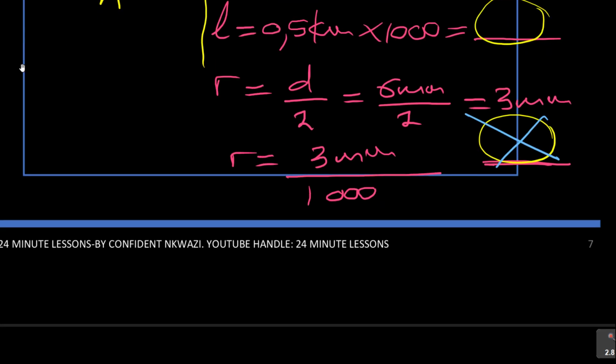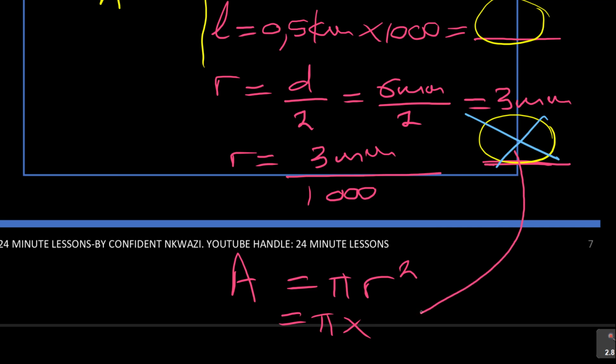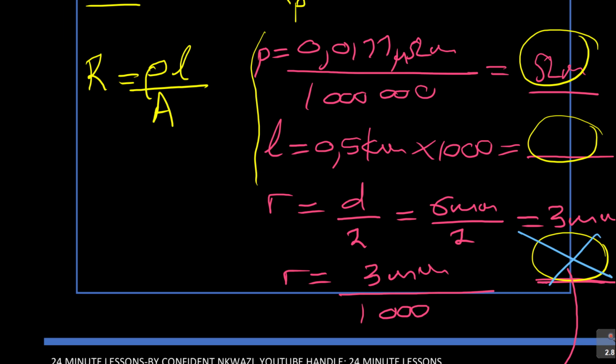You first need to say, okay, since I've got my R, I must find my area. What is area? It is equal to pi R squared, which is equal to pi times, then you take the answer here, you put your R squared, then you get your A. It is the answer that you get here, which you must put in here for the A.